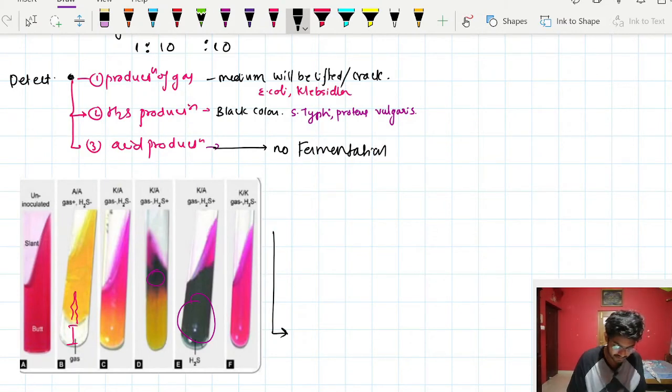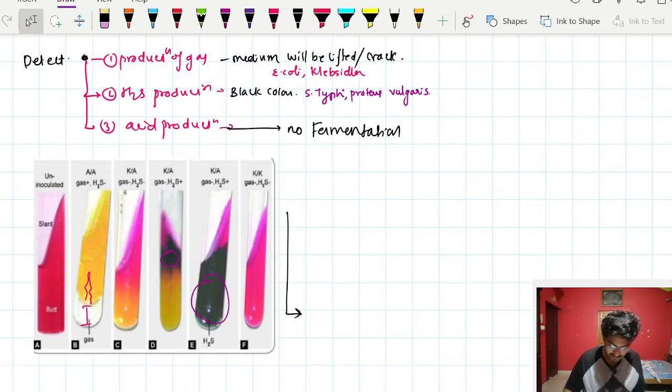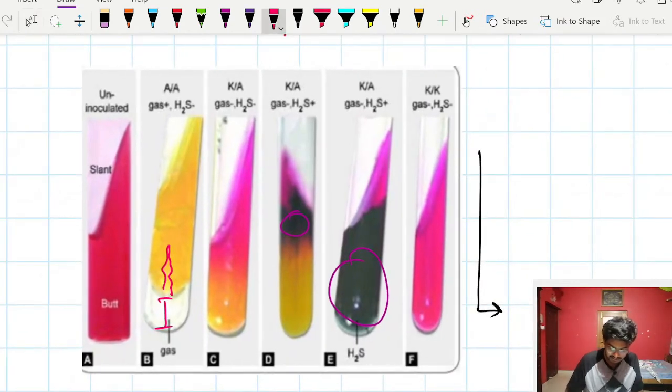There will be a butt and a slant. The basal portion is called the butt and this is called the slant. If there is no inoculation inside this triple sugar iron test tube, then both butt and slant color will be red. That means there is no organism.